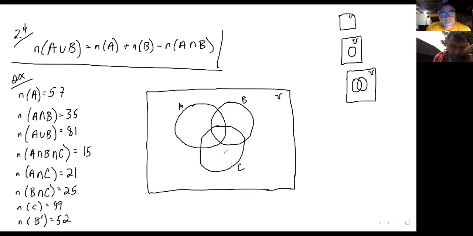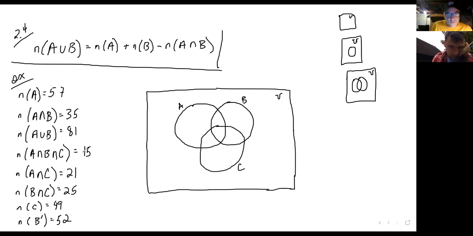But our goal is using this information here of cardinalities to put into each region how many belong to that particular region. And you'll note that you're given 8 pieces of information here, and there are 8 regions. So when you're starting a survey problem like this, always start where all 3 overlap, which would be right here.